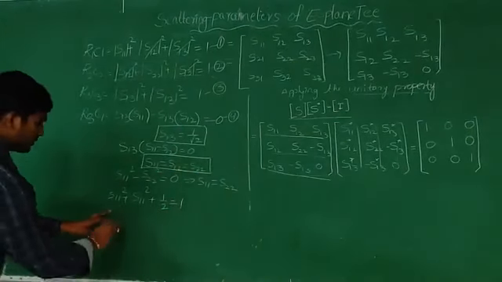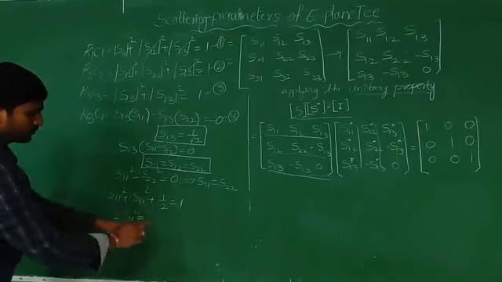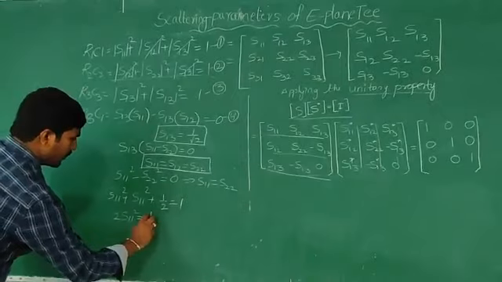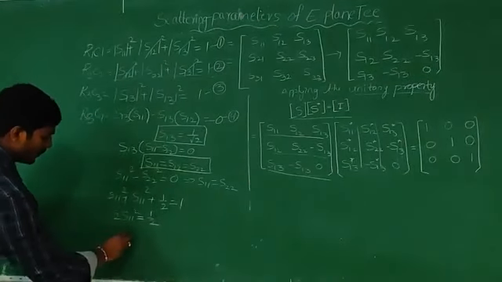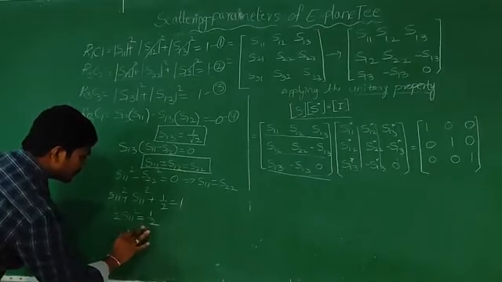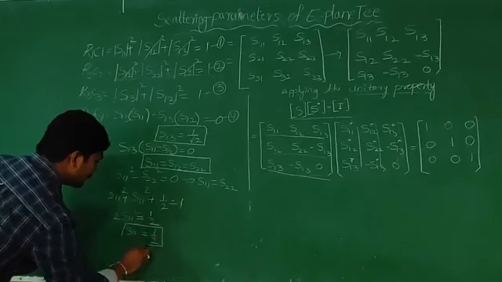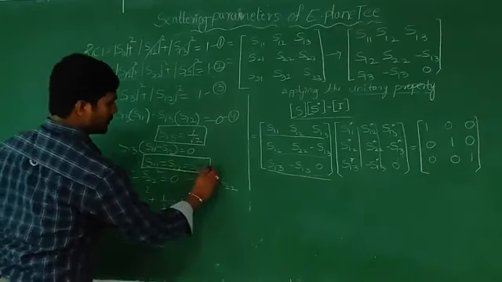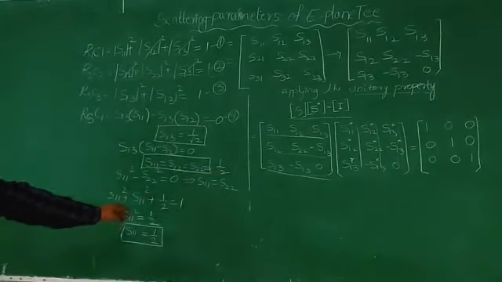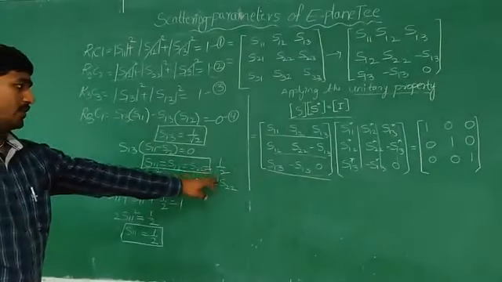Now we can write 2 S11 square equal to 1, the 1 by 2 goes on the other side. We can write S11 is equals to 1 by 2. Okay, we got all values. S11 is equal to S12 is equals to S22 equal to 1 by 2.